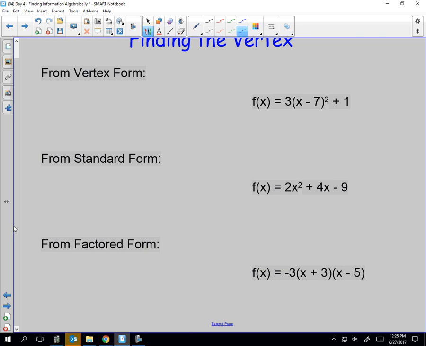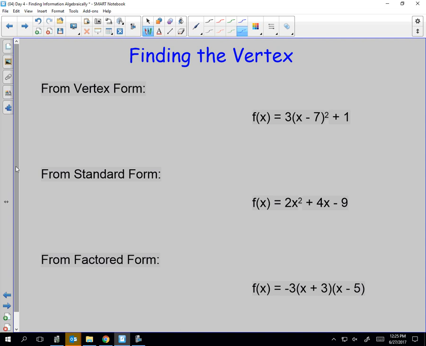Okay, but how can we find the vertex? Okay, vertex form, our vertex is pretty easy. The vertex is, once again, the opposite of the inside value, and then that outside plus minus we keep as is. So we have our vertex here.